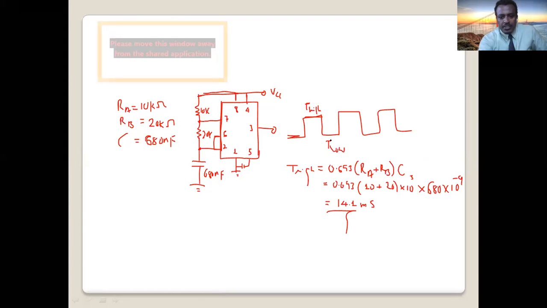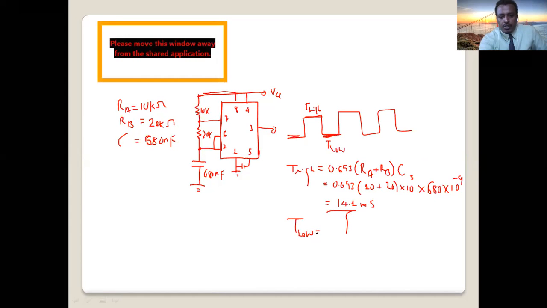Now, how much time does it remain off, which is T low? T low is equal to 0.693.